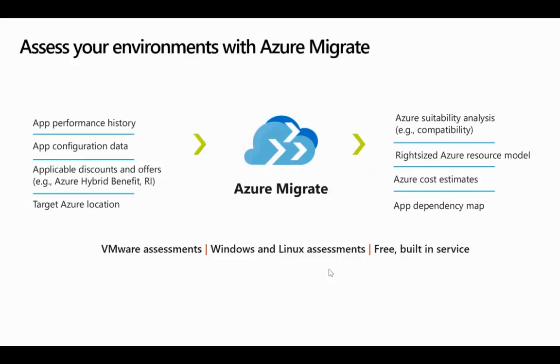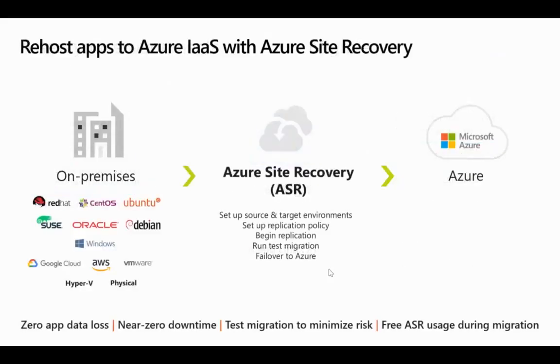Your VMware workload and your Linux workload can be assessed and moved with a free built-in service that I mentioned earlier, which is nothing but the Azure Migrate tool itself. The strategy remains the same as I mentioned. The tool you can leverage is Azure Site Recovery, which will give you complete control of replicating your workload from on-prem to the cloud.